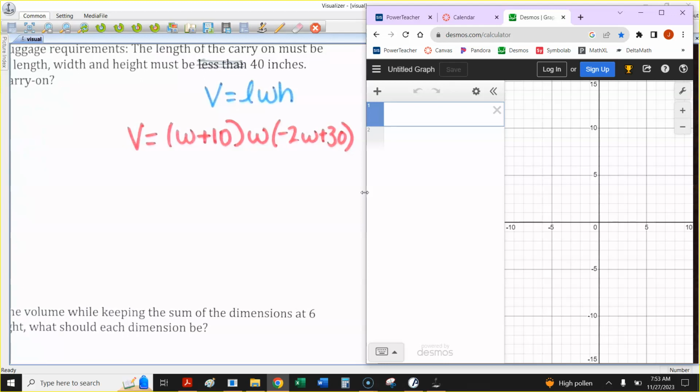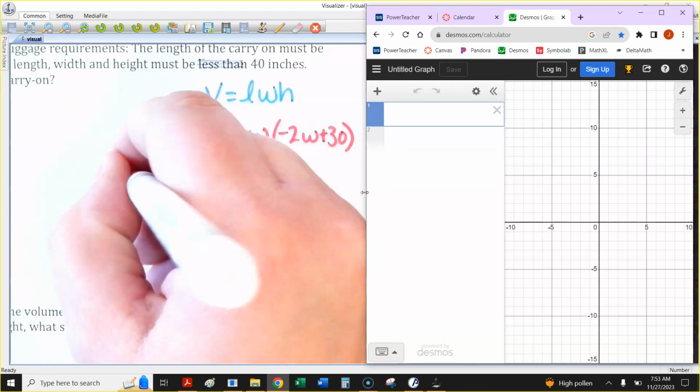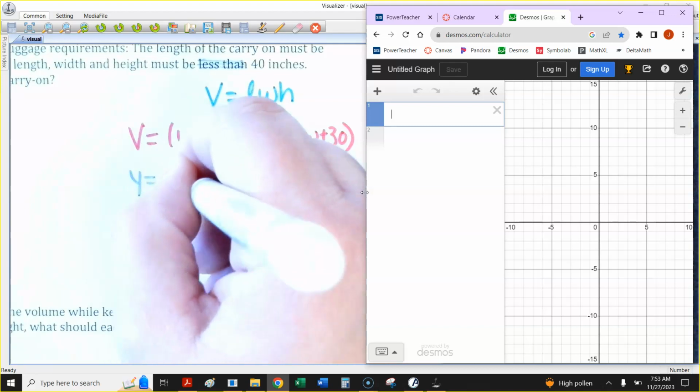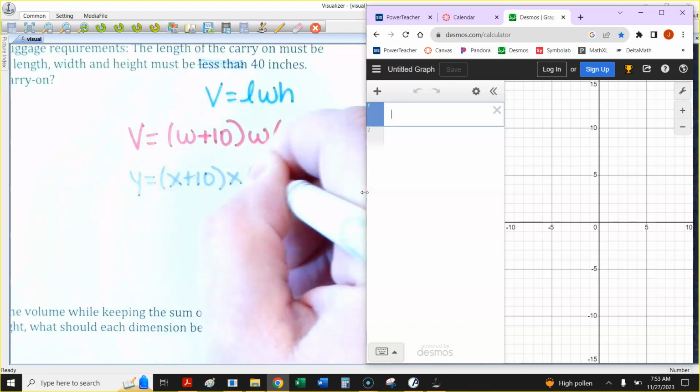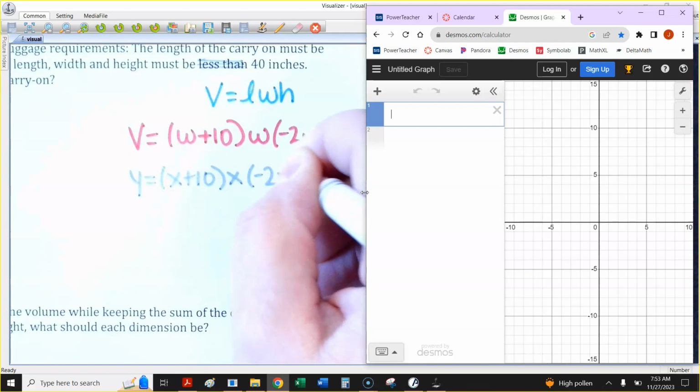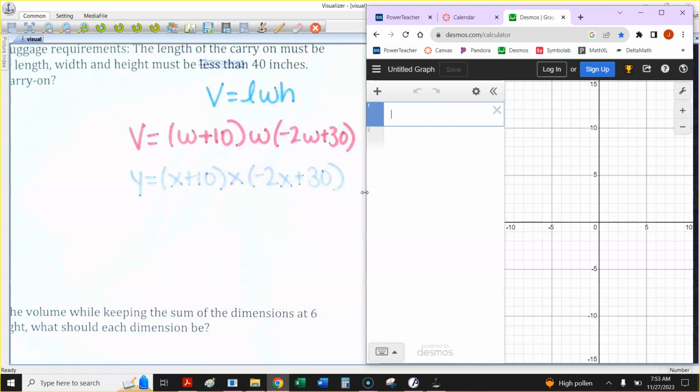What I'm going to do is type into Desmos Y equals, just use the parentheses and you can put them in any order. I'm just going to replace the W with an X, and we're just going to remember that that's representing the width. So I'm just going to write Y equals, you don't have to multiply it out, just use the parentheses right there. The computer will take care of it for you. X is the width, negative 2X plus 30.